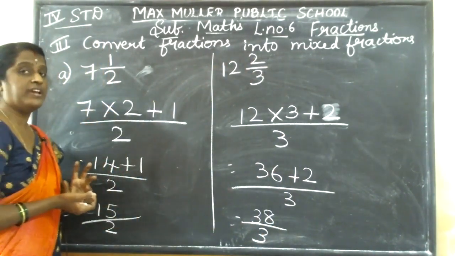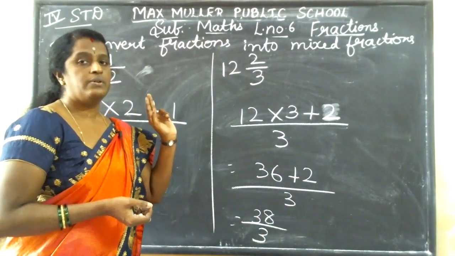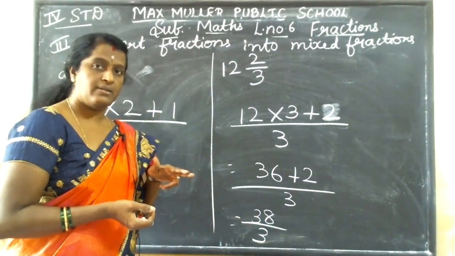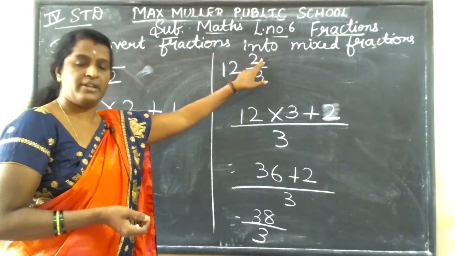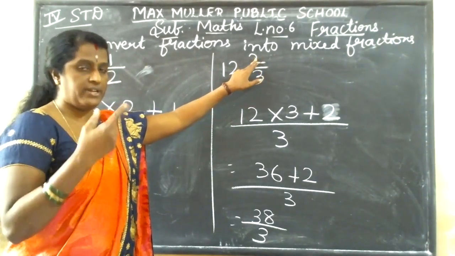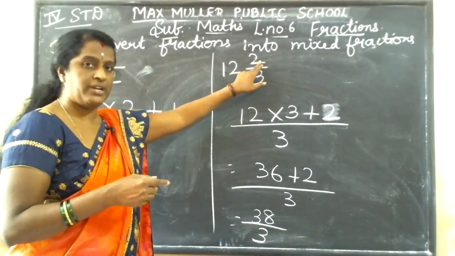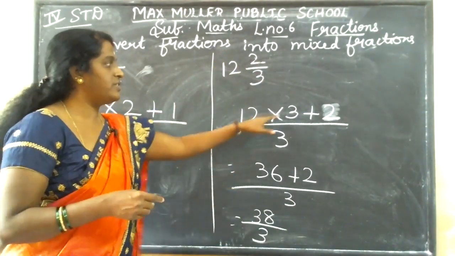Now in division you write quotient into divisor plus remainder. Yes, no? Remainder only we have written as the new numerator. Yes, no, children, remainder only we have written as the new numerator. So this is the new numerator. Whole number will be the quotient.